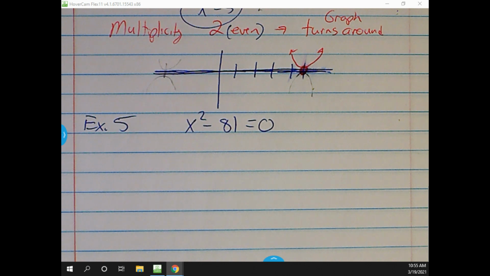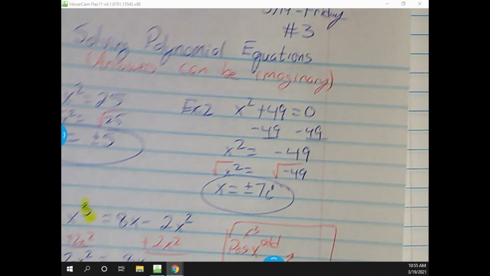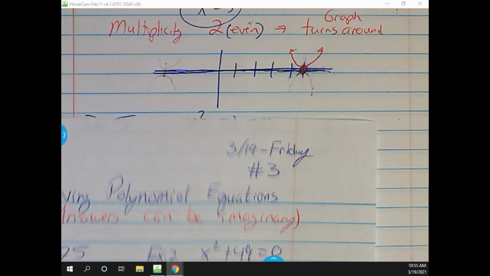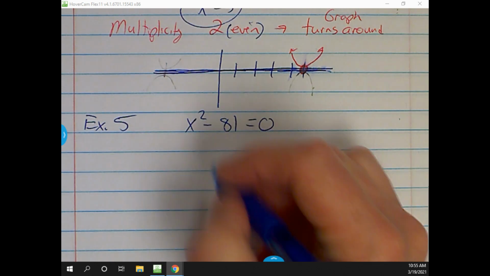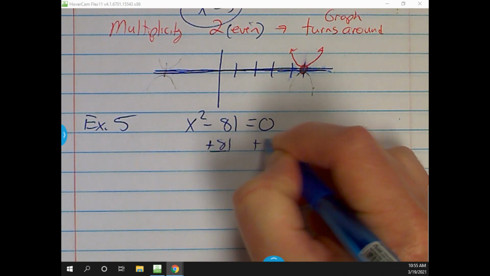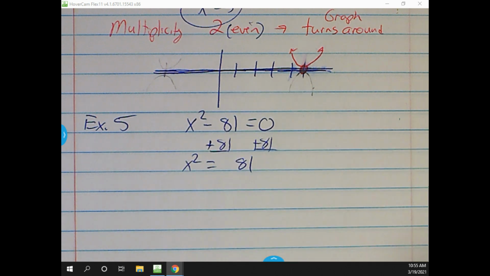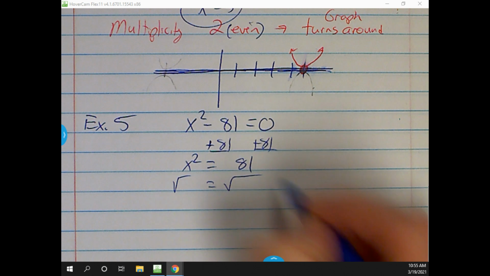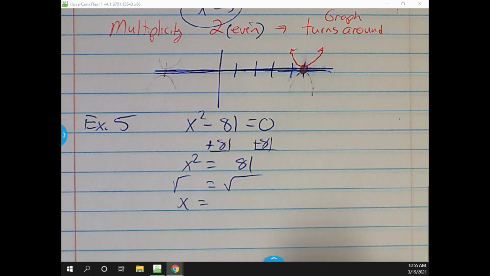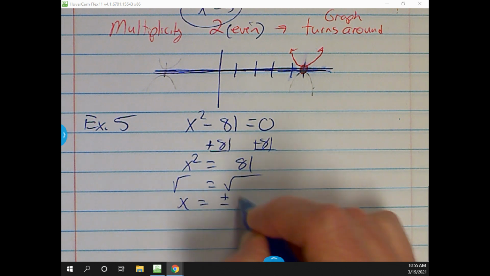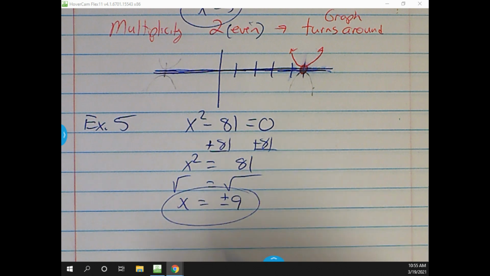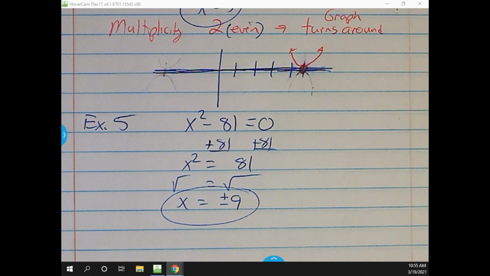Now the obvious thing we can do is go back like we were doing with this problem: move the 81 over to the right-hand side and square root both sides. If we square root 81, that comes out to be plus or minus 9. That's probably the way most people would do this one.